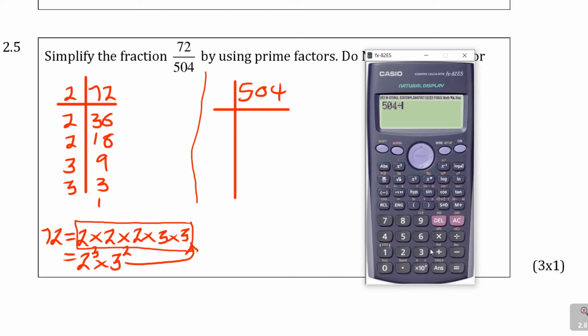504 divided by 2 is equal to 252. Divide by 2, that's the second 2, 126. Divide by 2, 63.